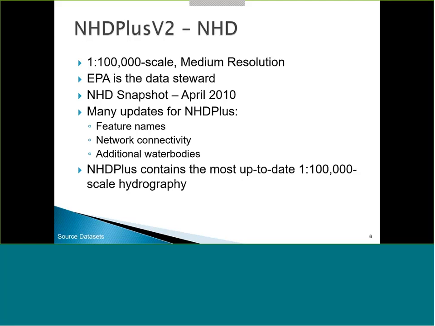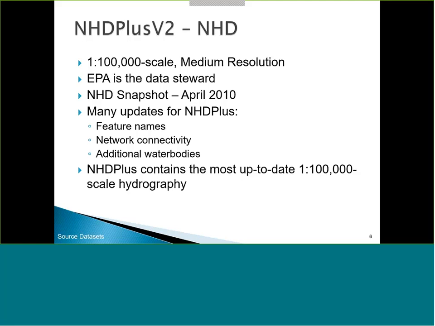EPA is the data steward for the 1 to 100,000 scale medium res NHD. We pulled a snapshot in April of 2010 to build NHD Plus version 2. Then we made a lot of updates to it. We updated feature names. We did a lot of updating on network connectivity, connecting up isolated networks, fixing errors in the connectivity.